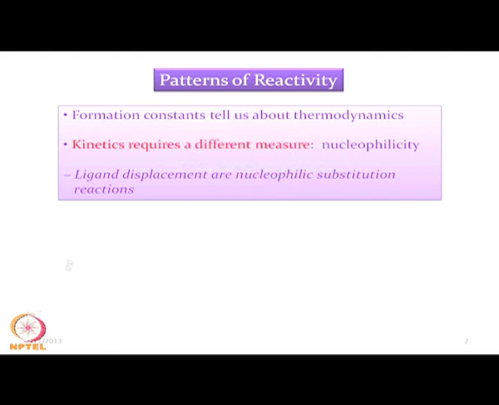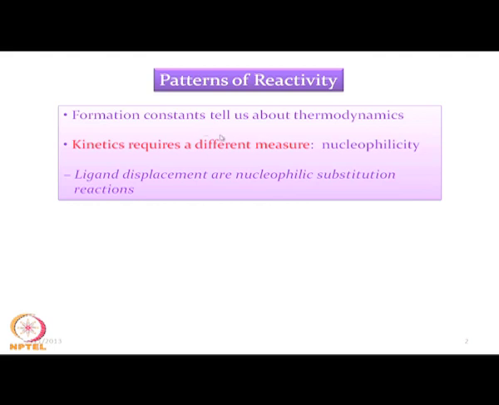So, how this rate law can help us in understanding the corresponding values for these reactions, where we can consider that the reactivity pattern for a particular metal ion with different ligands is different. The formation constant tells us about the thermodynamics, that means the K value, the equilibrium constant or the formation constant, tells us about the thermodynamic stability of the metal complex.